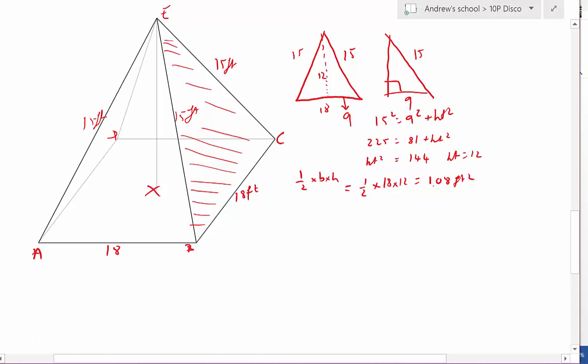But of course that's just one triangular face. So I need 4 triangles plus the base. Well, the 4 triangles will be 4 times 108, and then the base is a square of side 18. So the answer is 756 square feet.